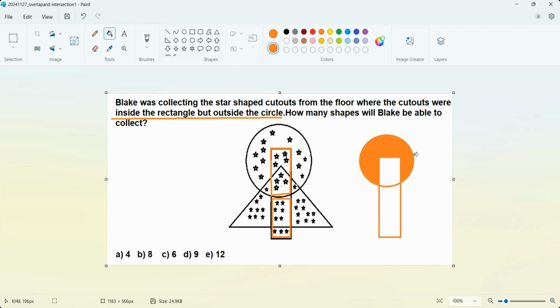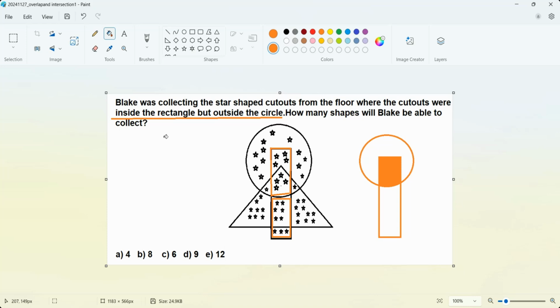So this is the non-intersecting part and it is inside the circle. Someone asks inside this rectangle and inside the circle. So this becomes the intersecting part. So be careful about the term. The intersecting part is both inside circle and a rectangle. So this becomes the intersecting part, and we have to count in this area only.